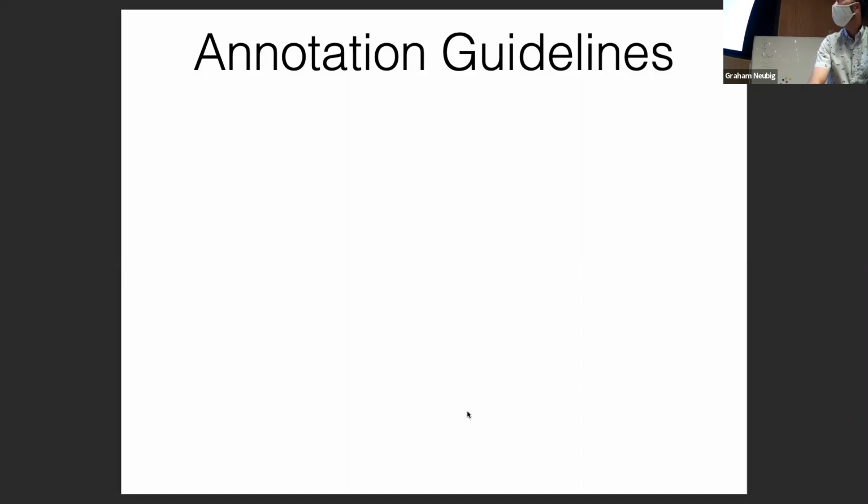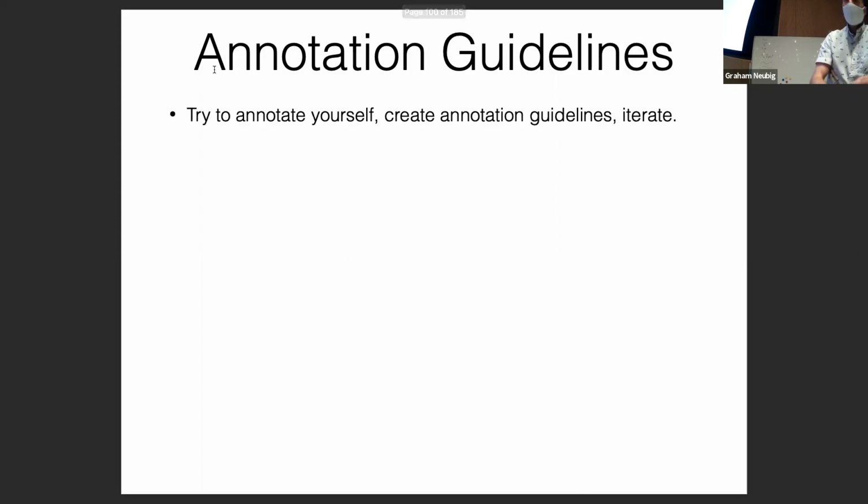Period. Okay, annotation guidelines. So the next thing you should do is come up with guidelines for annotating your data. The first thing you should always try to do is annotate yourself.